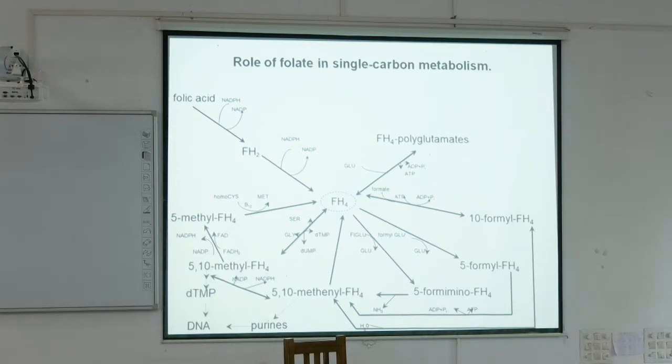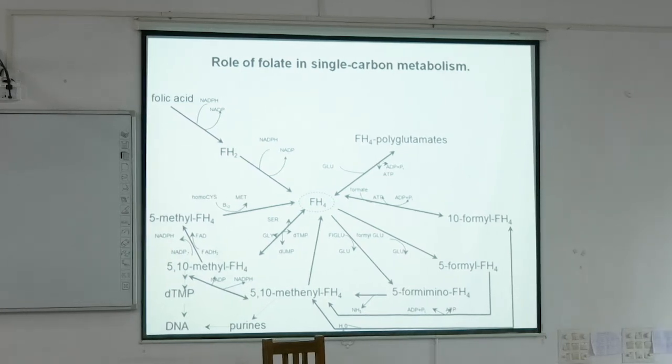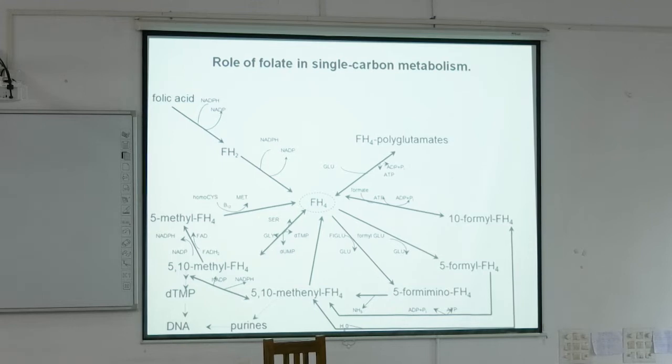Okay. So this is the long answer for the long question. What is this actually? There are different forms of folic acid coenzyme. So this slide shows the interrelation, interconversion of the different forms. Which reactions are involved in the interconversion of these different forms.